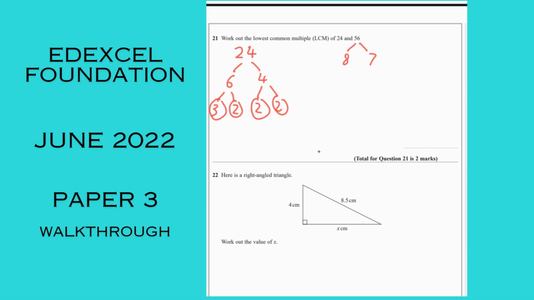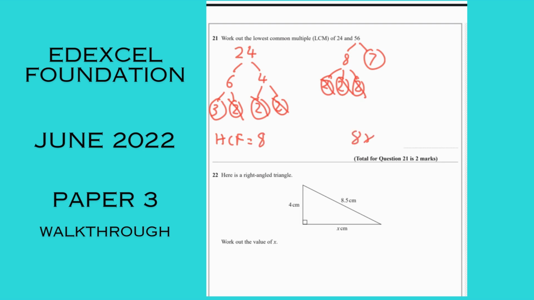8 sevens are 56, and to speed things up, I'll do a three-way split. 2 times 2 times 2. So you could do a Venn diagram. It's entirely up to you, but I'll simply go, there are 3 2's in common, so that means the HCF is 2 times 2 times 2, which is 8.